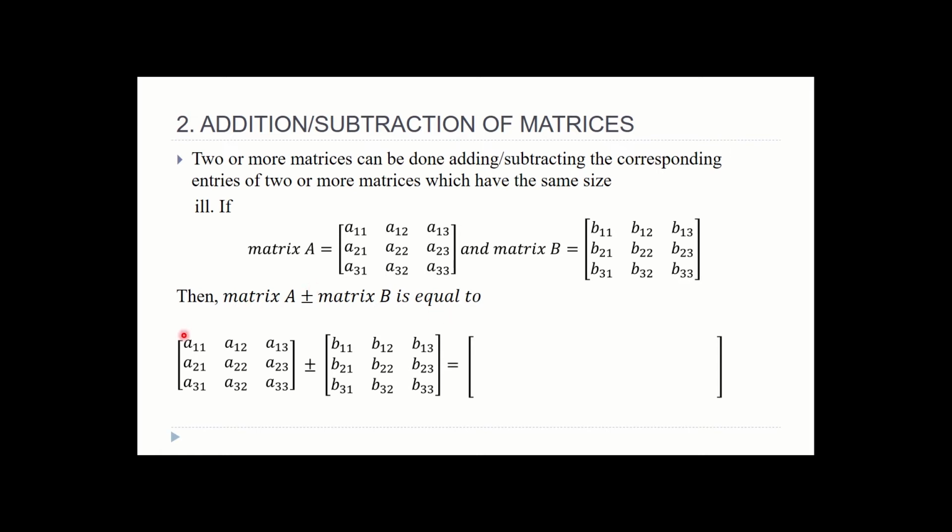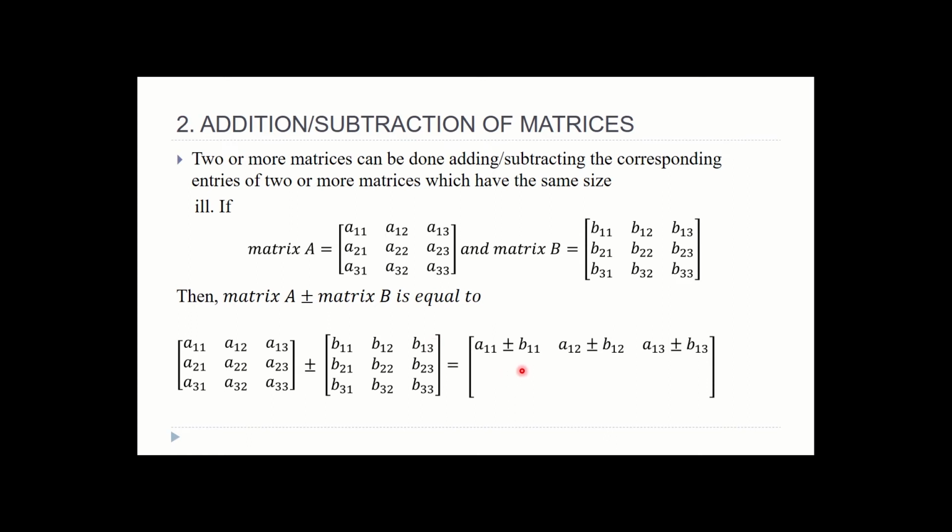is equal to your A11 plus B11. For the second element of your first row, you will have your A12 plus B12. For the third element of the first row, you have A13 plus or minus B13.